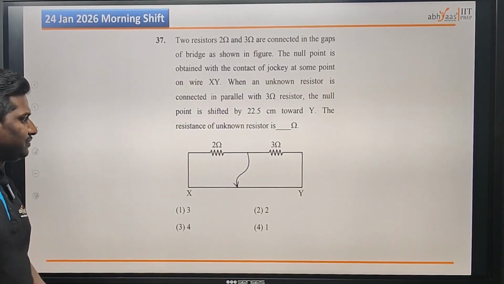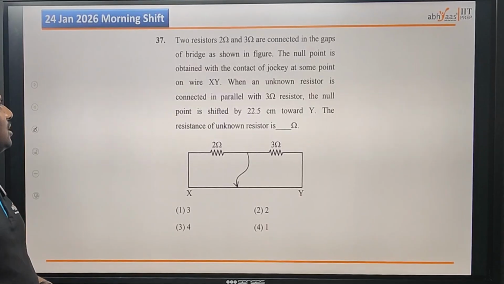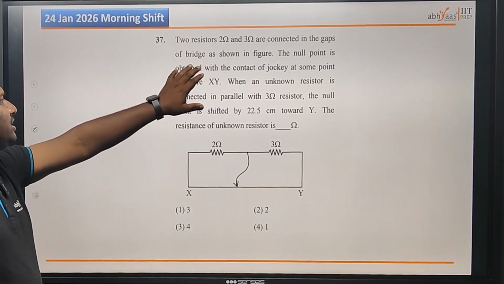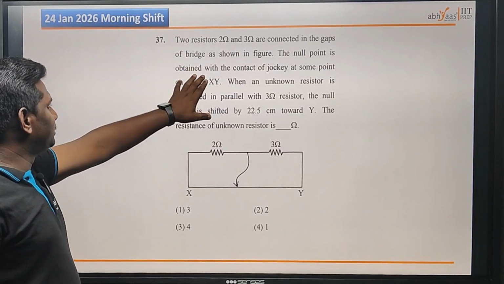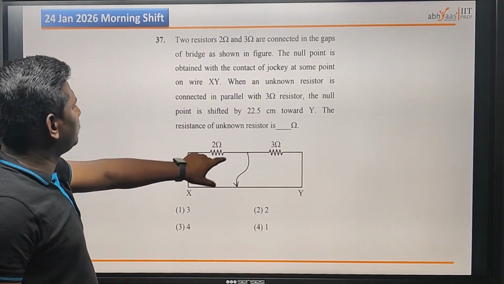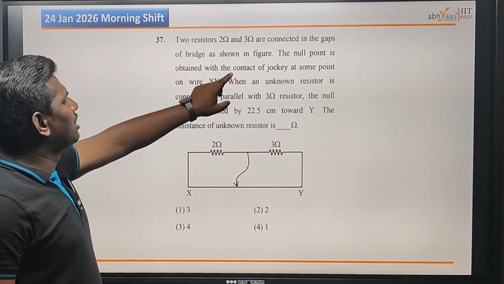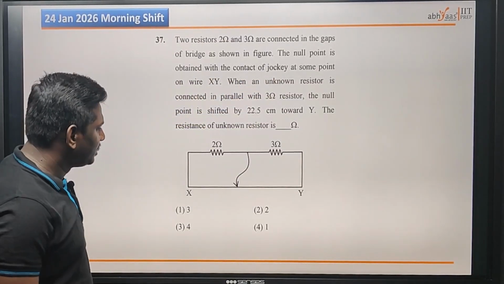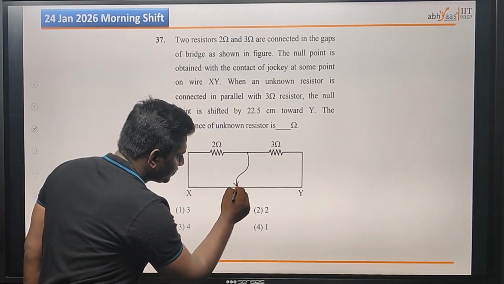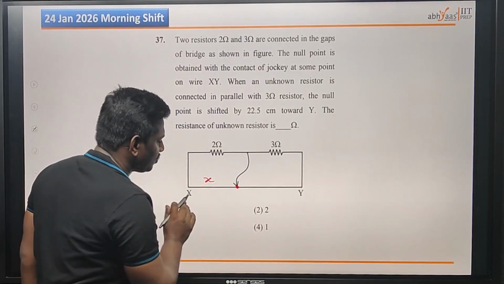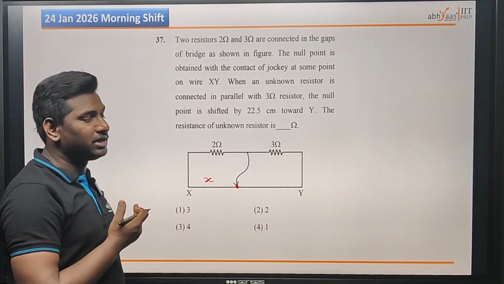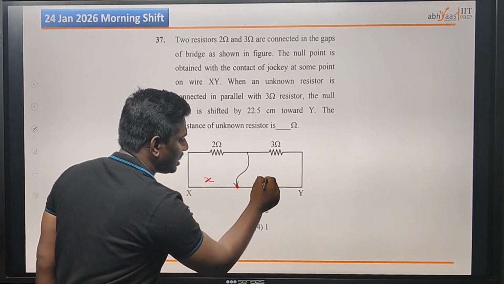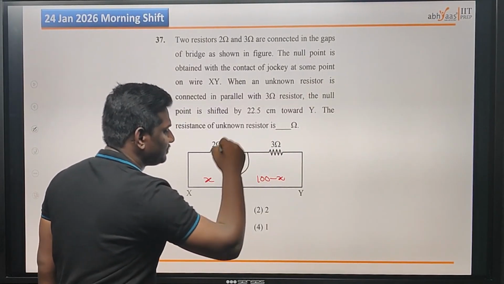Question number 37. Potentiometer. Two resistors, 2 ohm and 3 ohm, are connected in the gaps of a bridge as shown in the figure. The null point is obtained with the contact of a jockey at some point. So take this point as x. Total length is 100 centimeters. If you mark this x, you are remaining with 100 minus x.